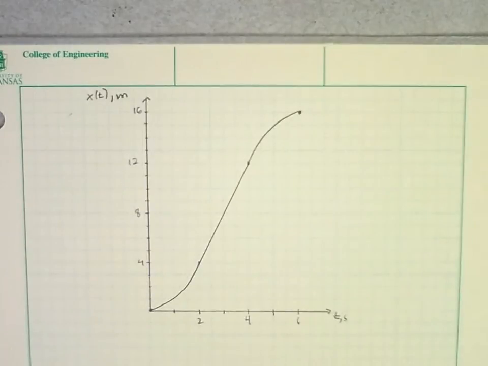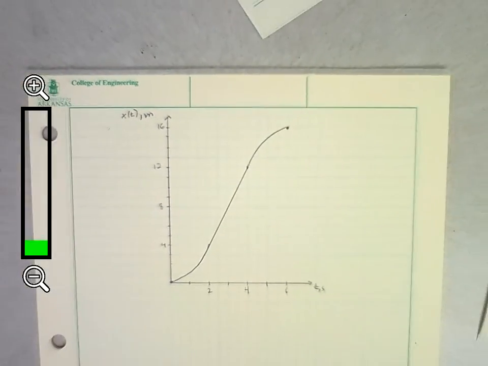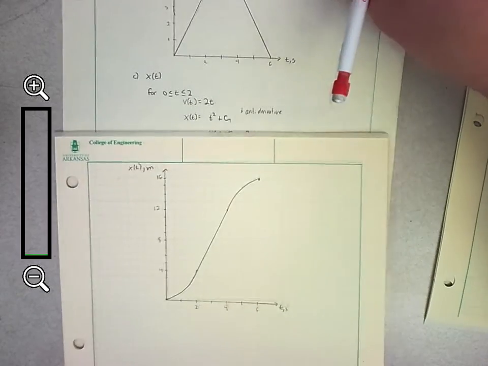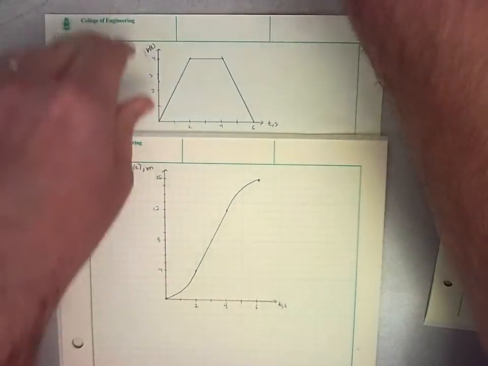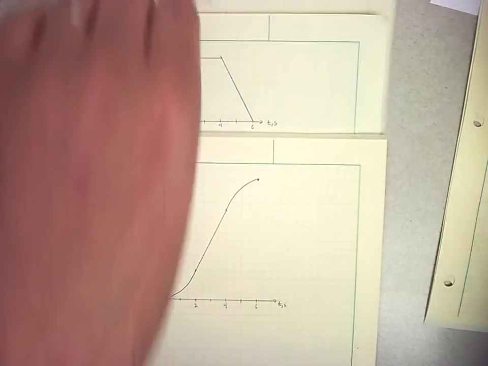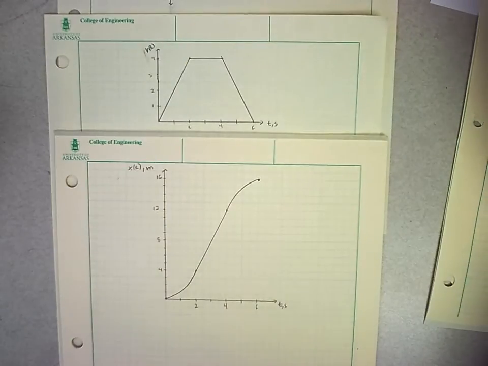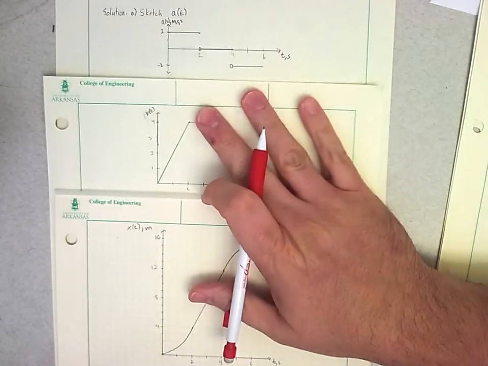So if we zoom out and kind of think about all three of these graphs together, see if I can get them lined up, without necessarily even remembering what the function was. So there are our three graphs.